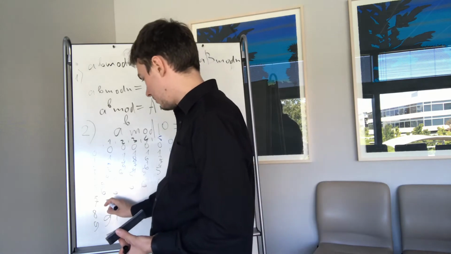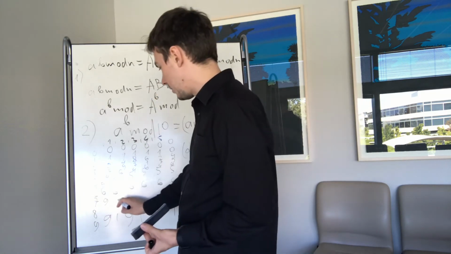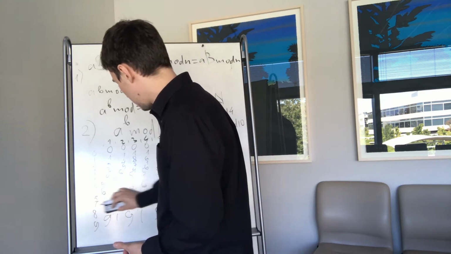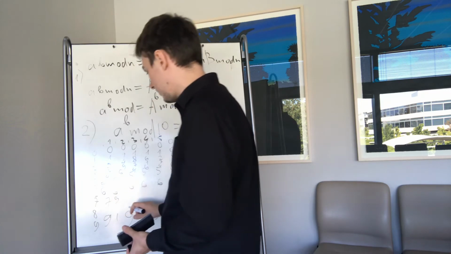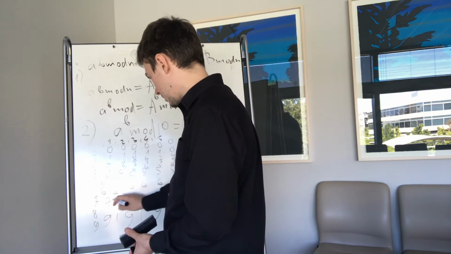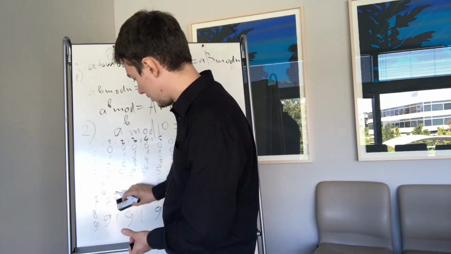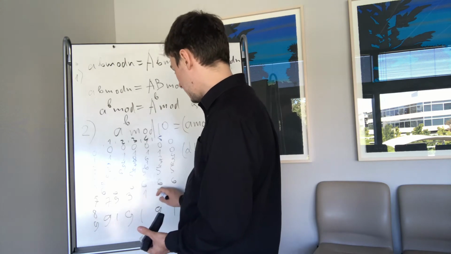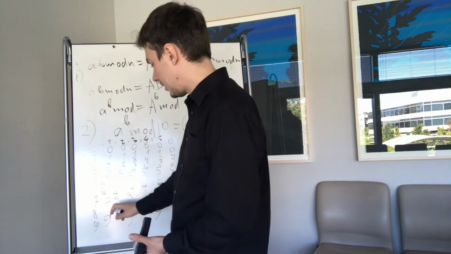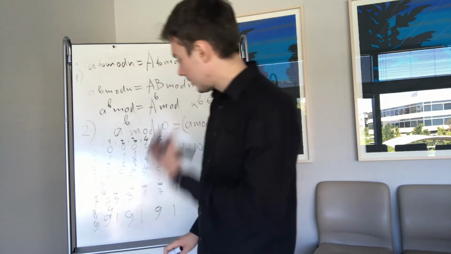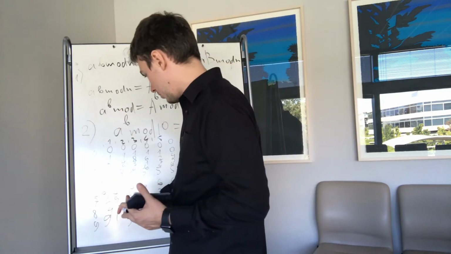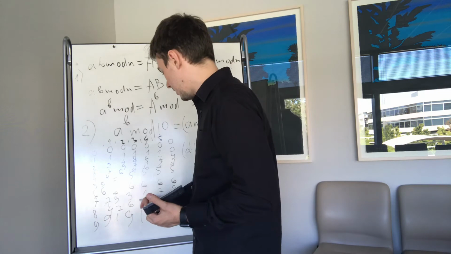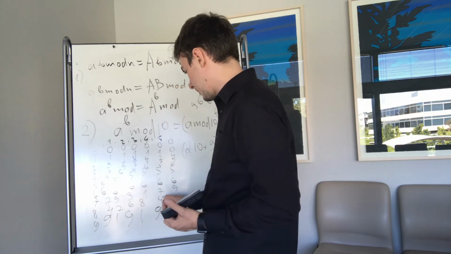For 7: 7 times 7, 9, 9 times 7, 3, 3 times 7, 1, then 7, 9, 3, 1. For 8: 8 times 8, 4, 4 times 8, 2, 2 times 8, 6, 6 times 8, 8, 4, 2.